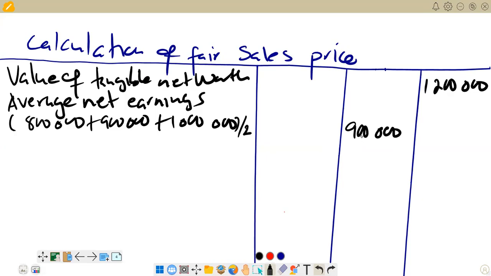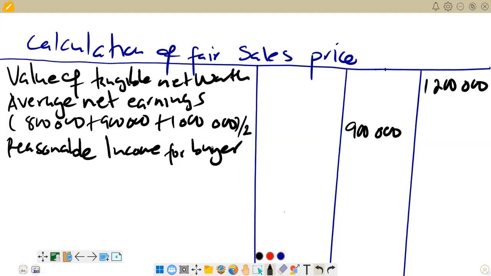Then from there, we are supposed to subtract the reasonable income for the buyer. Reasonable income for buyer, earning power at 16%.